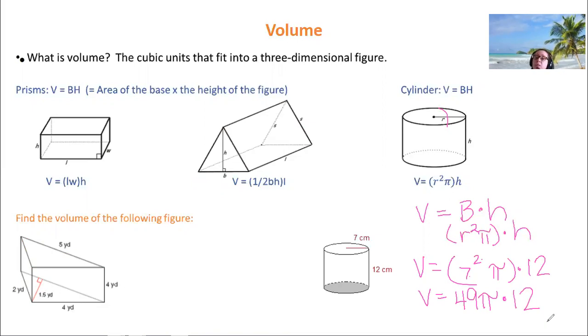And remember, we're just going to leave pi in there. So first, what's 49 times 12? Because we want to have an exact answer and a rounded answer. So first, 49 times 12 is 588. Is that what you guys all got?